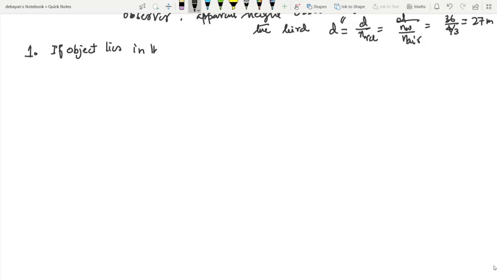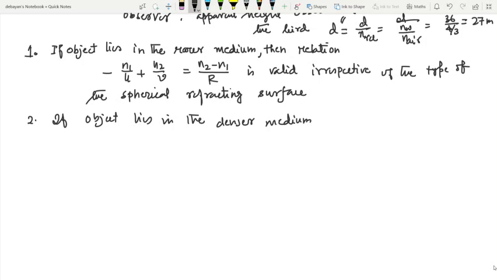And the second point, if that object lies in the denser medium, then the relation changes to n2/v minus n1/u equals (n2 minus n1)/R, where u and v are the object and image distances, and R is the radius of curvature.